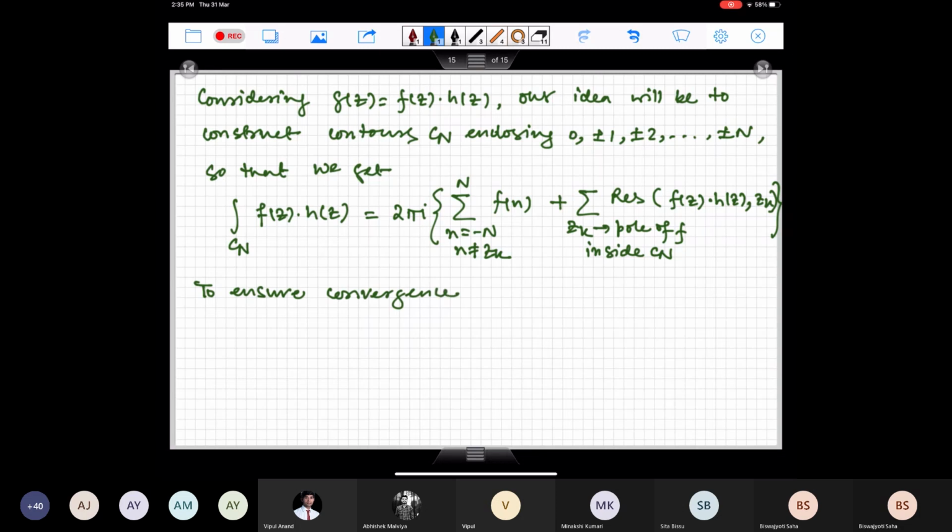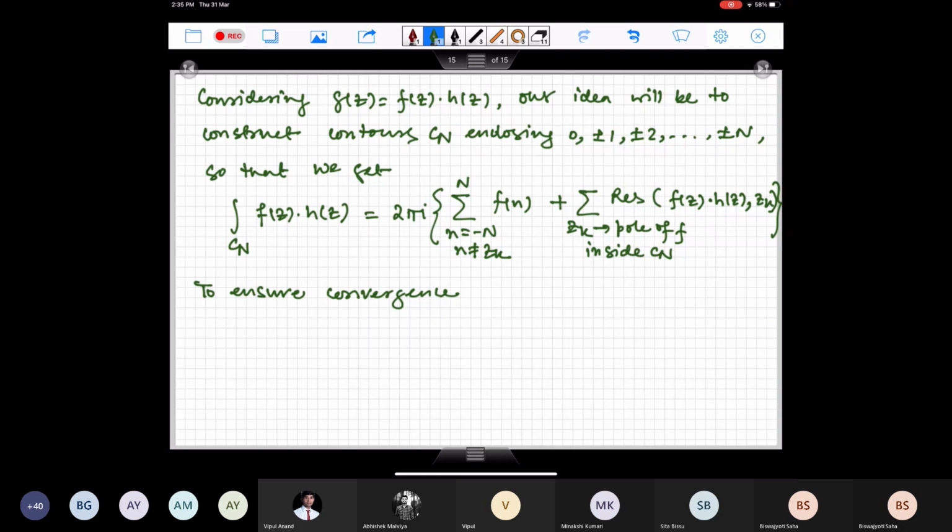I have always told you that if you have a double-sided series or double-sided integral, the idea is that you will try to break them into two halves, and both the halves should converge. It's not that the positive side and the negative side get cancelled, and thereby it's convergent.